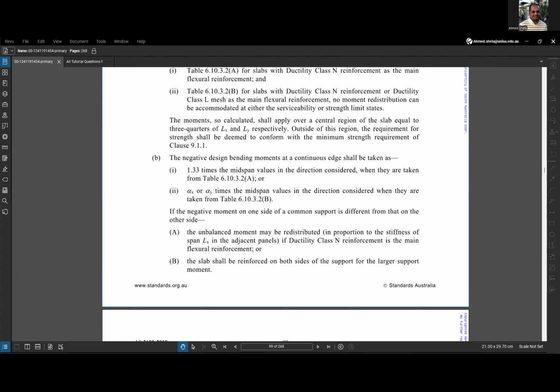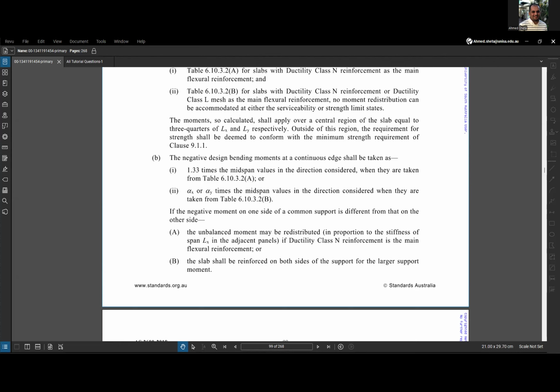This is a continuous edge. And here, 0.5 M* and 0.5 M*. This is a discontinuous edge.